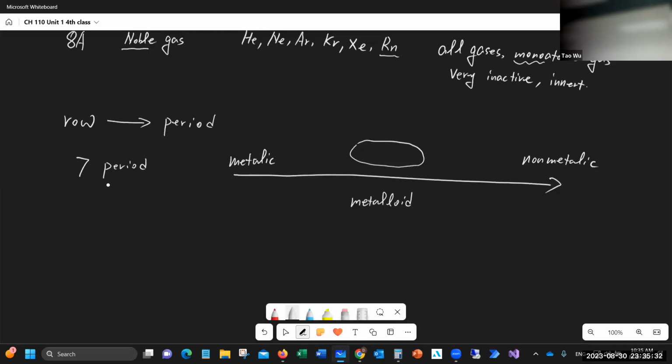In between metal and non-metal, that's why they're what we call semiconductors. That's why we use them when making the chips in your electronic devices. They can let the electrons go and sometimes not let the electrons go, so we can control go or not go.